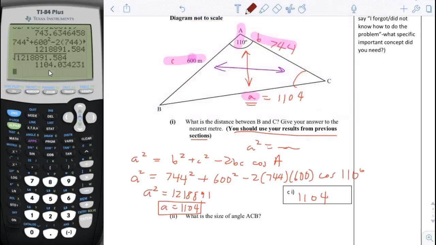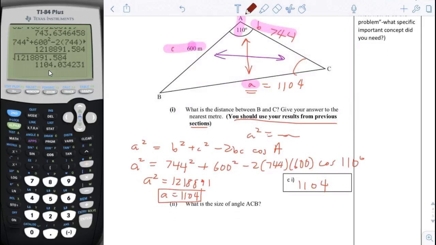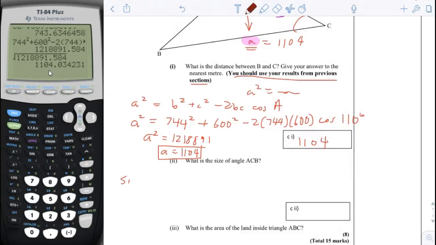So let's write that out. In this case, there's two forms of law of sines. There's law of sines that looks like this with the angles on top. There's also law of sines that looks like this with the angles on the bottom. Which one are we interested in using?